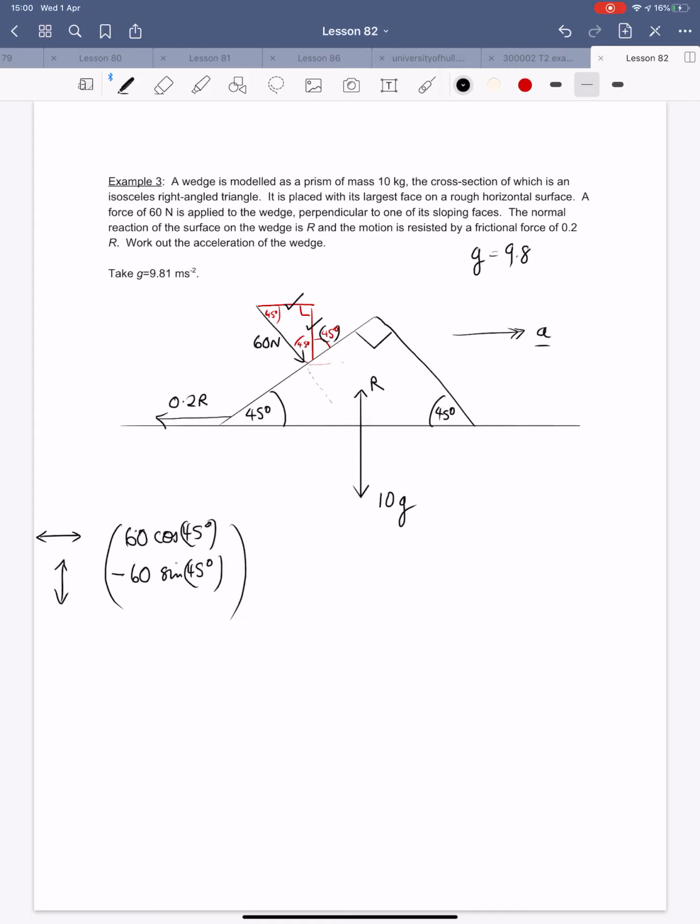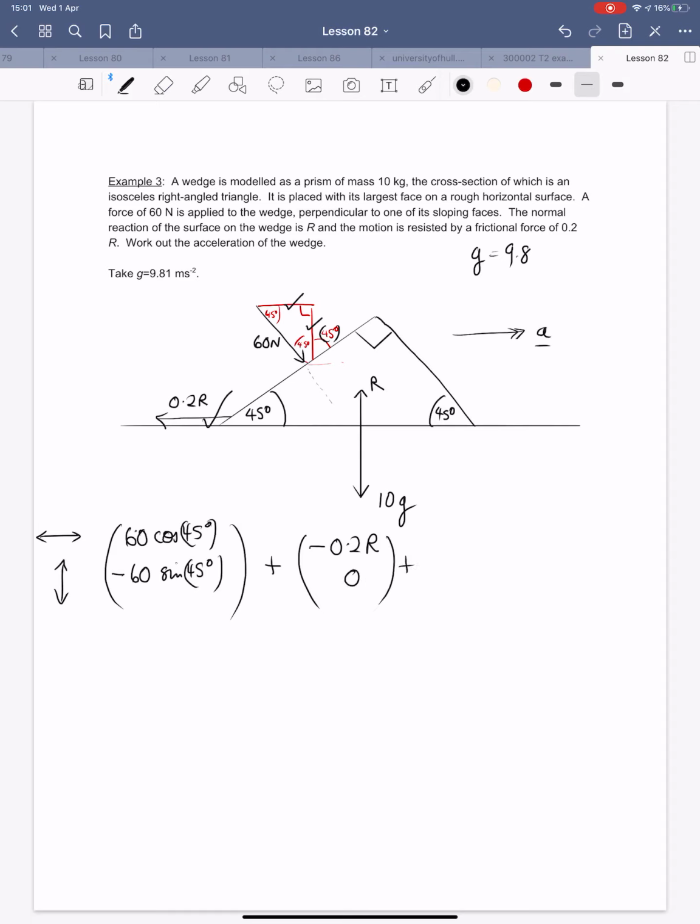So we've dealt with that force there. Then we've got plus, let's go to the friction, minus 0.2R horizontally, 0 vertically.